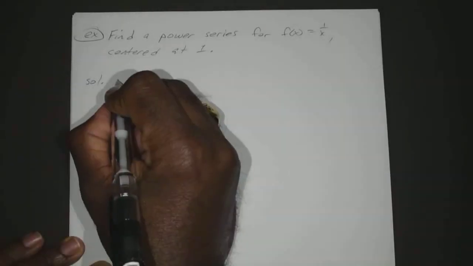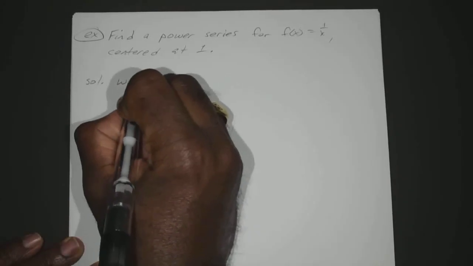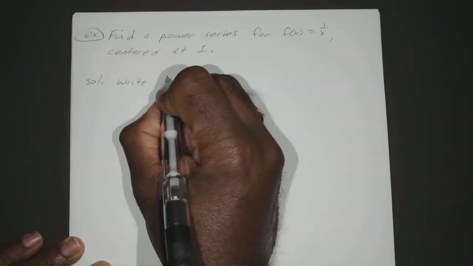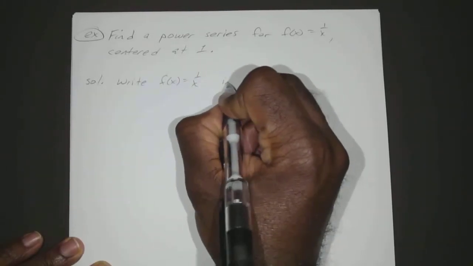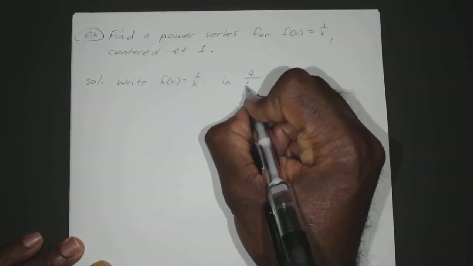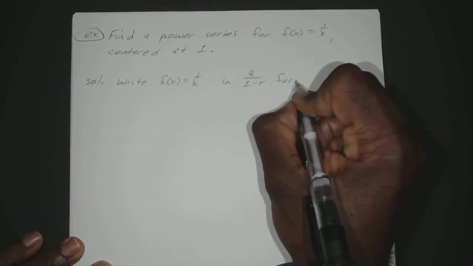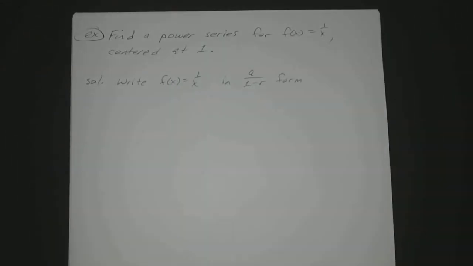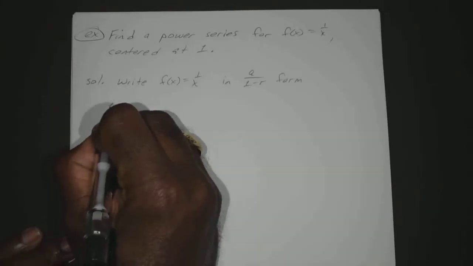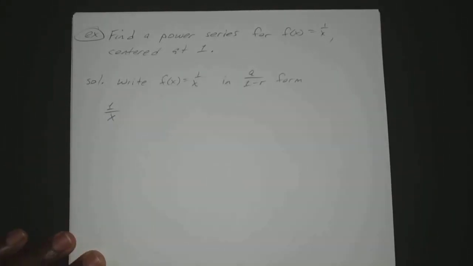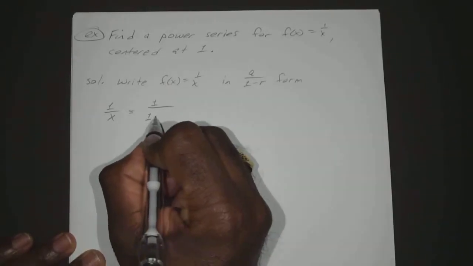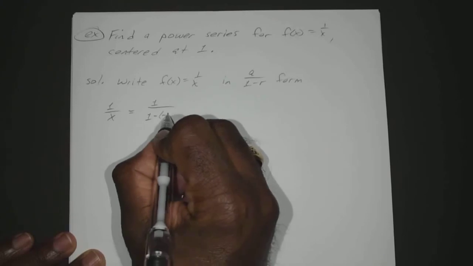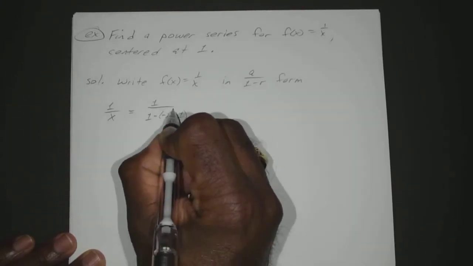Okay. So what if we write f of x equals 1 over x in a over 1 minus r form? Kind of turn it into a geometric series, or the sum of a geometric series. So our 1 over x, we can make that equal 1 over 1 minus negative x plus 1.